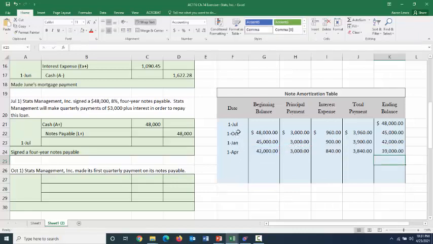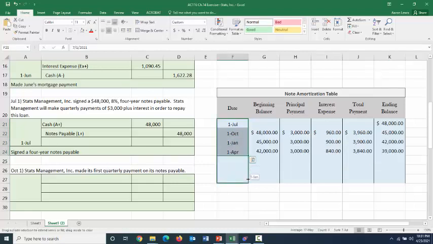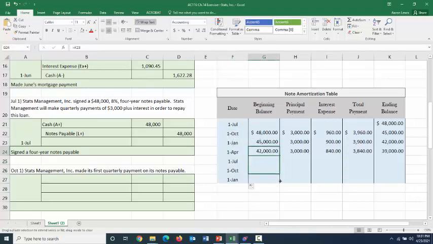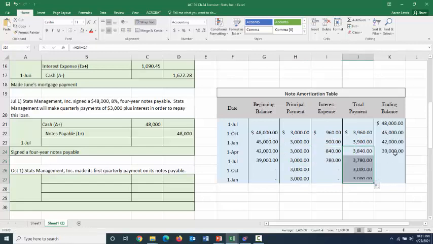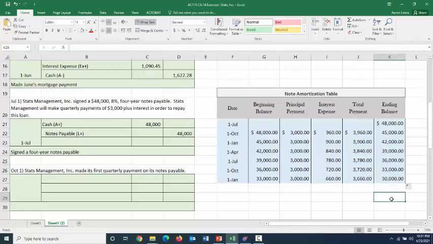And then from there on out, I can just fill in the numbers for you guys real fast. And when I do that, it will finish out our amortization table. And there we go.